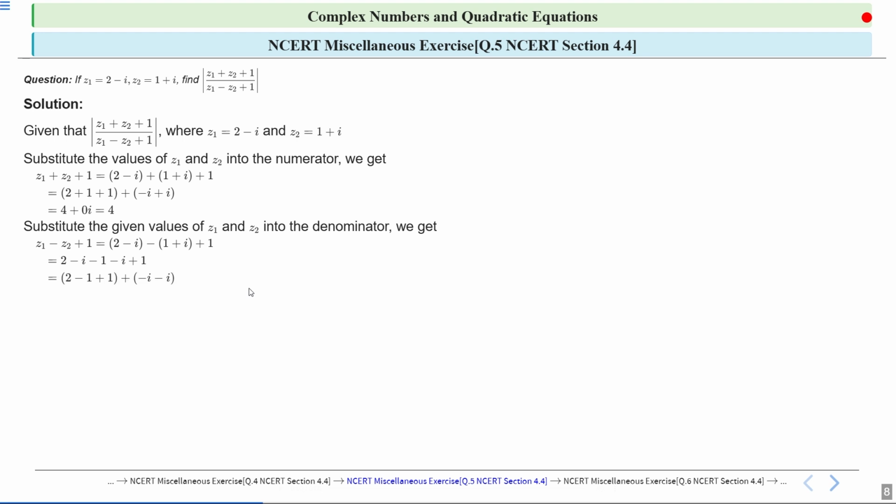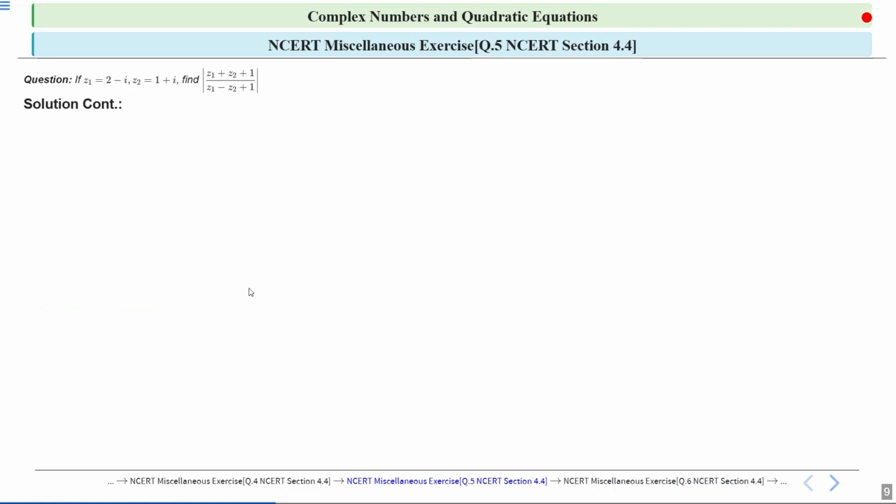Now let's combine the real and imaginary parts. For the real parts, 2 - 1 + 1, and for the imaginary parts, -i - i. After combining, we get 2 - 2i. So the denominator is 2 - 2i, which is a complex number with both real and imaginary parts.